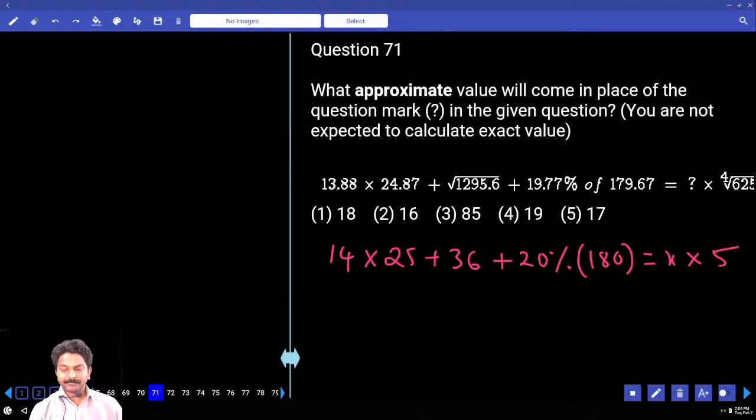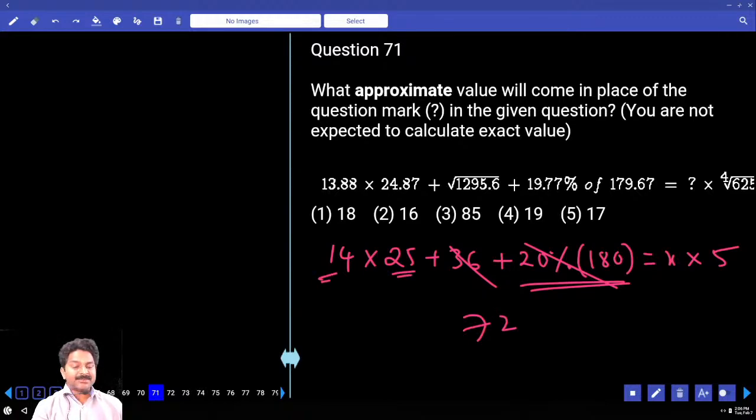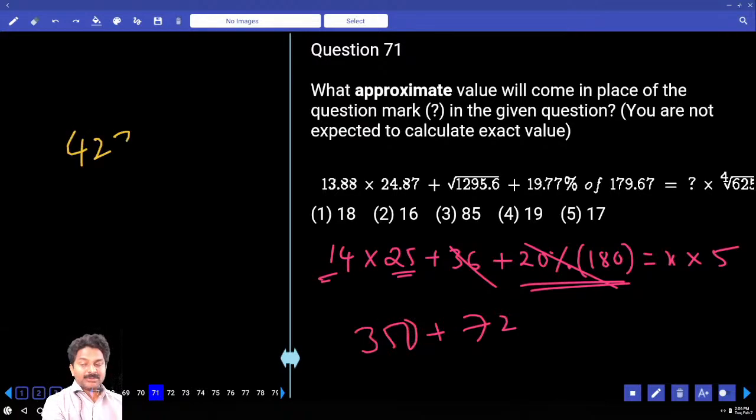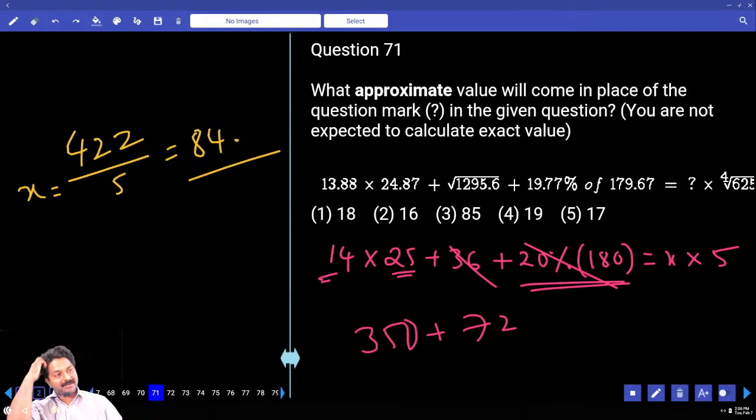Yes? 20% of this number, 36. 72. Remember, 25 10 times, 25 4 times is 100. Total 350. 350 plus 72, 422 is equal to 5x. X is equal to 422 divided by 5, 84 point something. Answer 85.